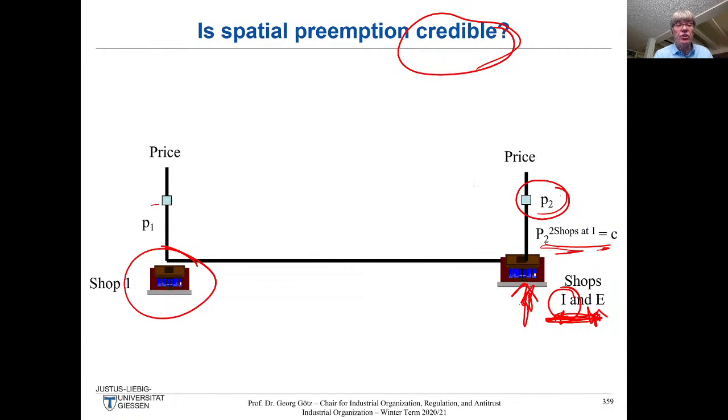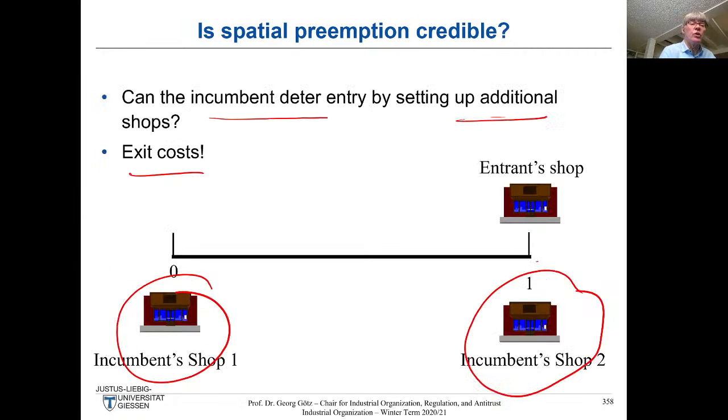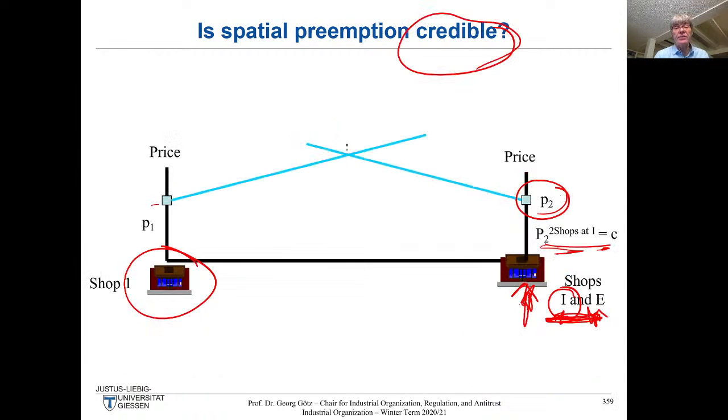It will exit this shop unless, and that's what we have here, there are very high exit costs. If there are high exit costs and a little bit of fixed cost, of course, then the entrant knows that the incumbent will not exit, and the entrant will not enter in the first place. But only if there are significant exit costs.